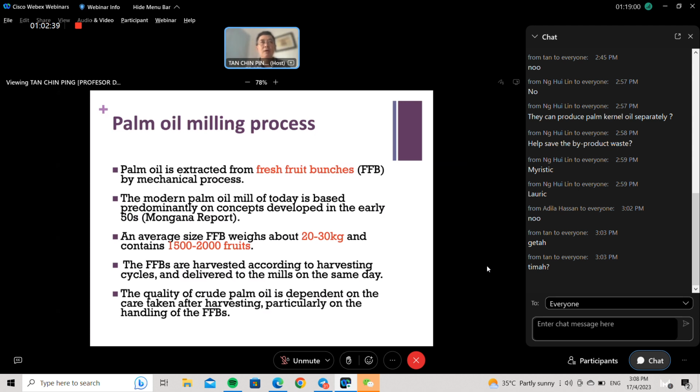So the longer you let the injured fruits stay on the ground, the higher the FFA that is going to develop in the fruits. During pressing, you are going to have higher FFA and then much higher losses during the refining process, and this is not going to bring any good to the quality of oil after refining. So industry always tries its very best to process the fruits as soon as possible.